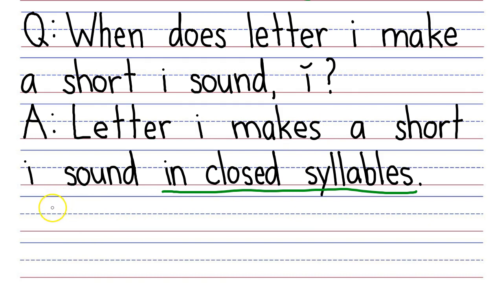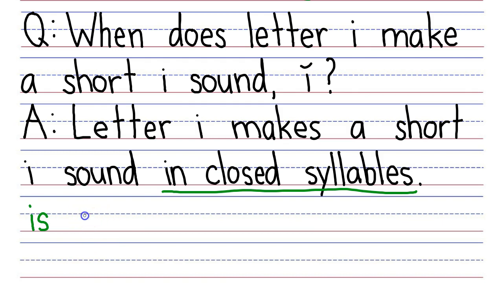First word, is. Here we have a short I that says I, followed by an S that makes its second sound Z, is. Next word, if. And I want you to write these along with me.